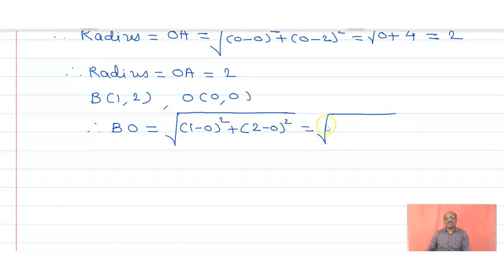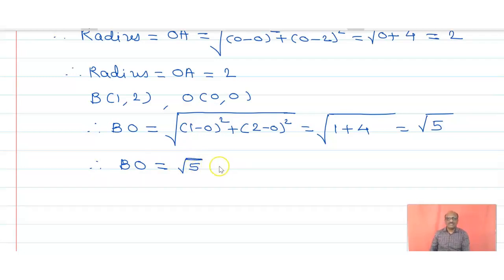And 1 square. And next is a 2 square. 2 minus 0 is a 2 and 2 square is a 4. And here 1 plus 4, and that is equals to 5. Okay. Therefore, BO is equals to a root of 5. Okay.